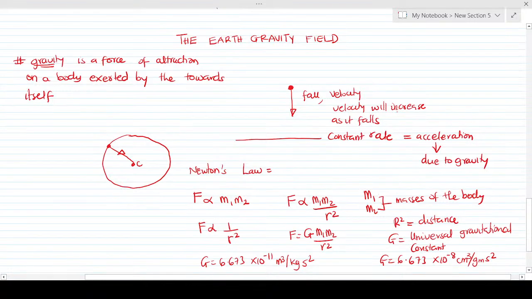That is the universal gravitational constant. Because we are dealing with the Earth, the force of gravity associated with the Earth and the body is given by G M m over R e squared, where M is the mass of the Earth, m is the mass of the body, and R e is the radius of the Earth.